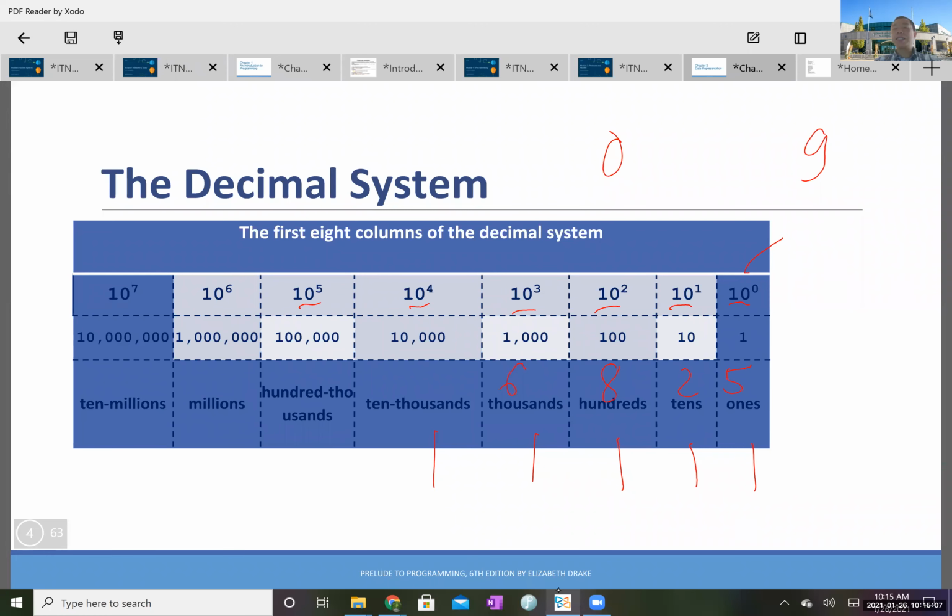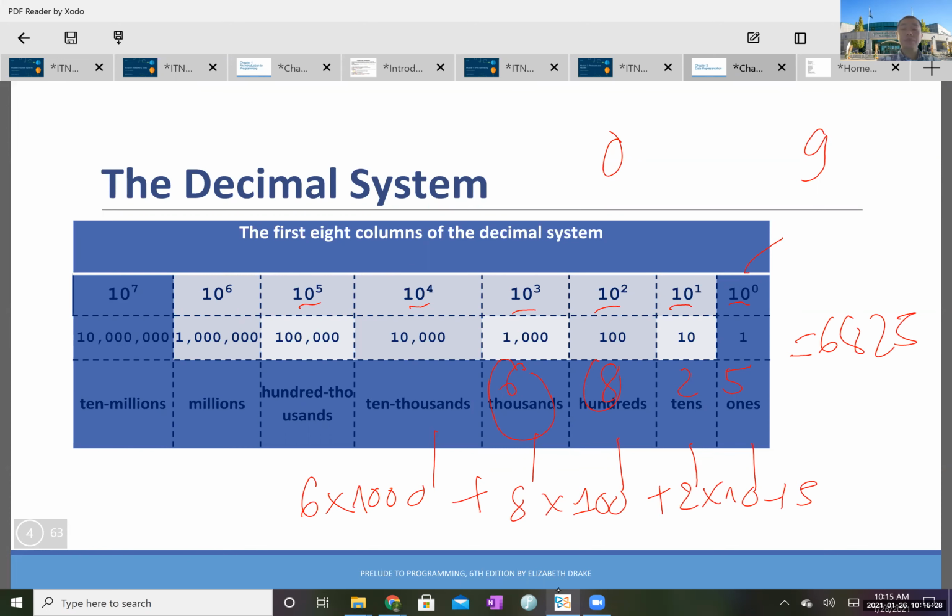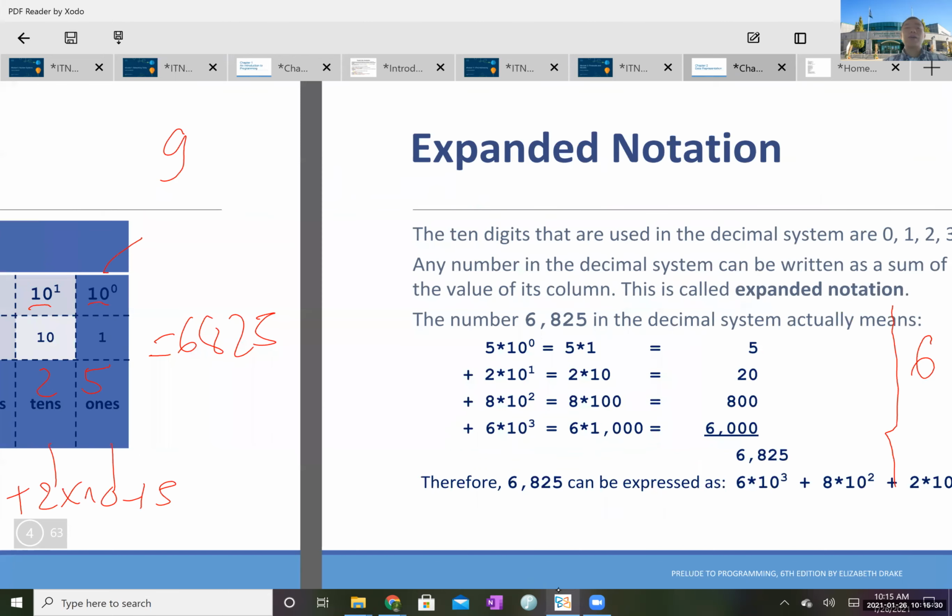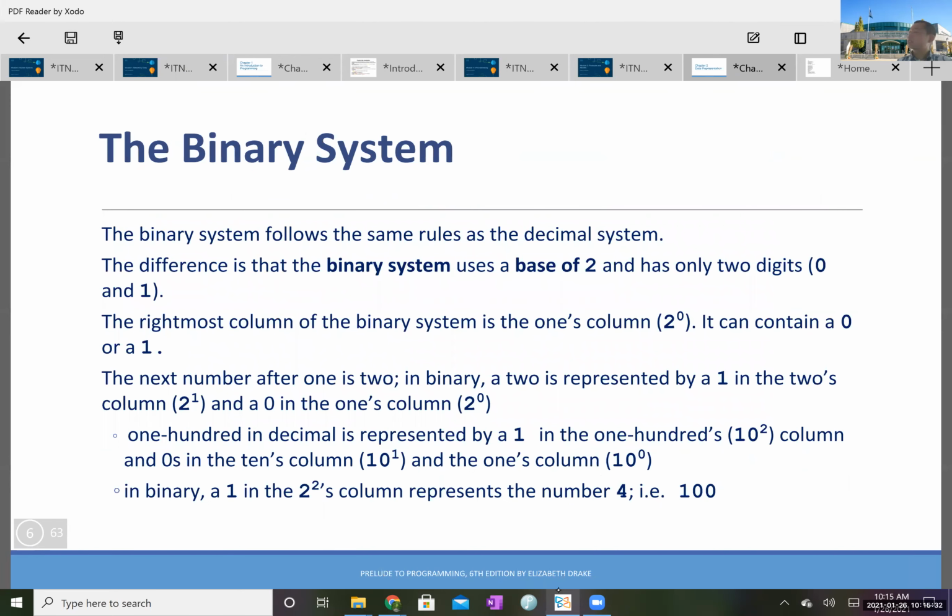So it is a combination of 6,000, then 800, which is 8 times 100, then 2 of the 10, and 5. When we sum it up together, you have 6,825.